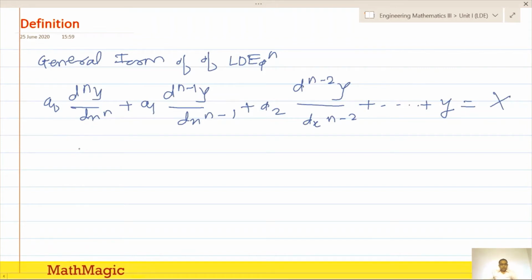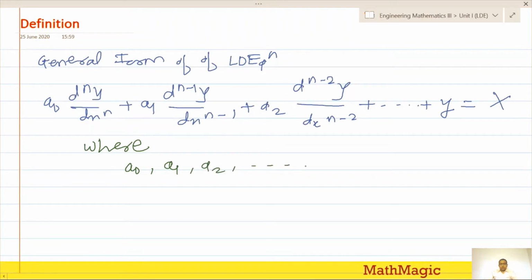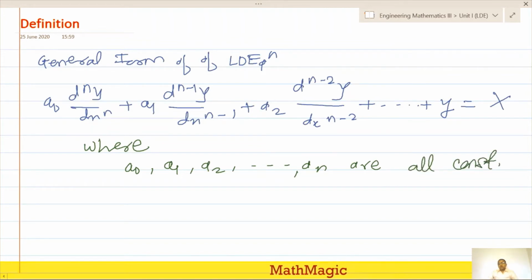Here a naught, a1, a2 up to an are all constants, and this x is a function of x.